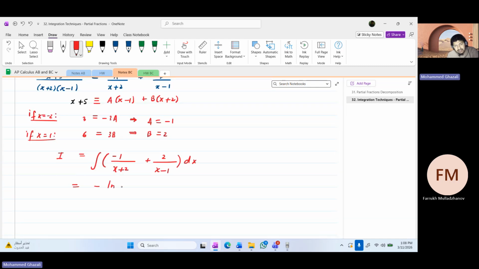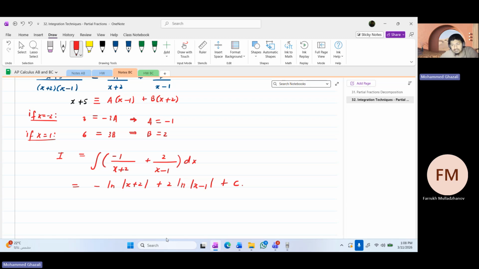That's negative ln absolute value x plus 2, plus 2 ln absolute value x minus 1, plus c.